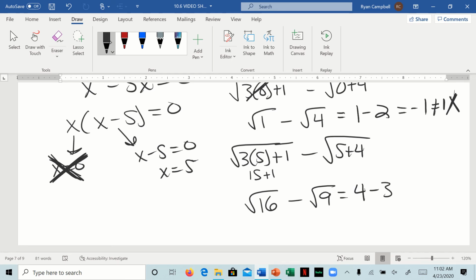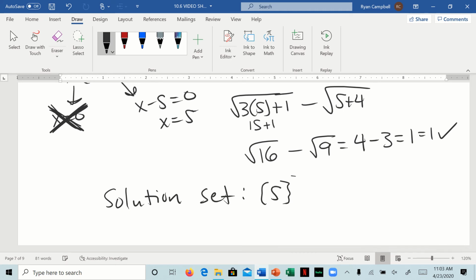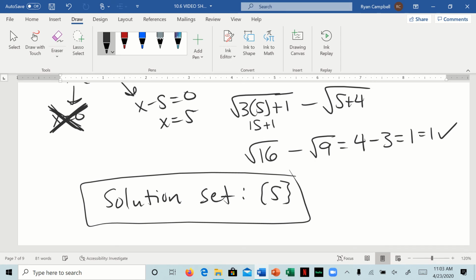Square root of 9 is 3. So 4 minus 3 is 1. And that's exactly what we wanted. So we see that the solution set is 5. And again, if you didn't check, right, you would have had 0 and 5, and that would have been incorrect.